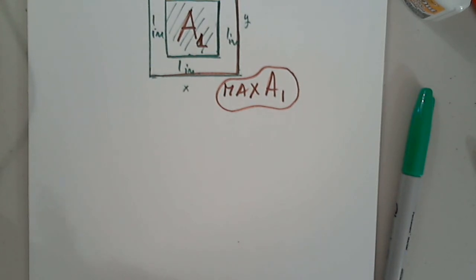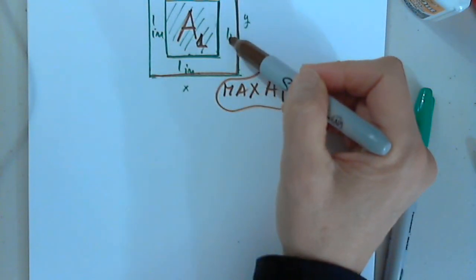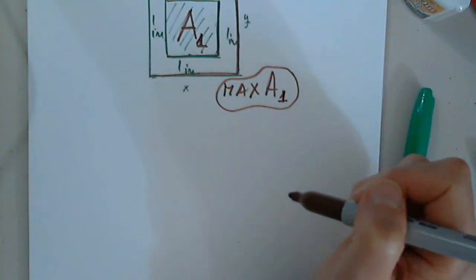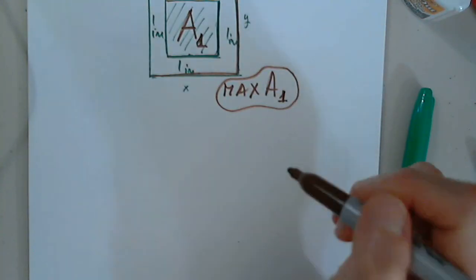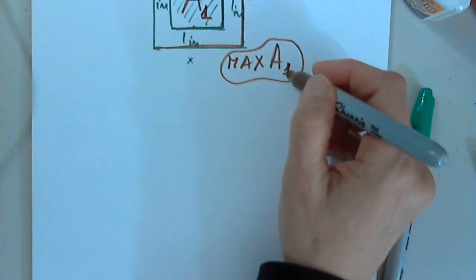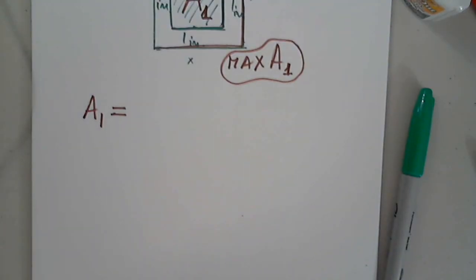So it says, find X and Y, having the following constraints, so that A1 is maximum. Okay, fine. I have to find a function that represents A1. Can anyone tell us how to start writing A1? Anyone who hasn't said anything? Josh, Sarah, Isaac, anyone?